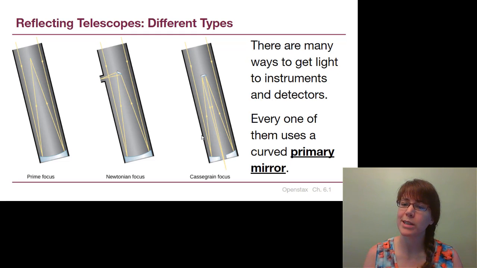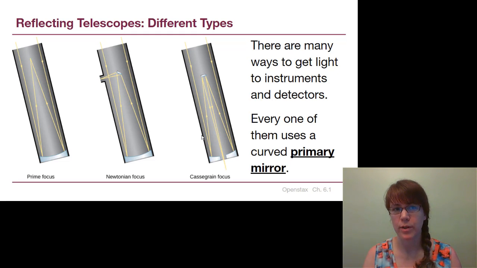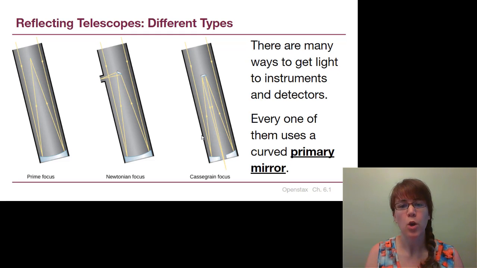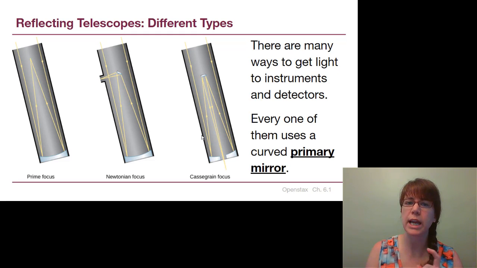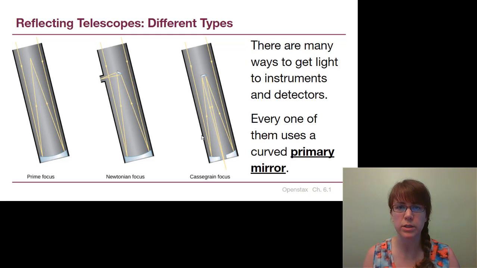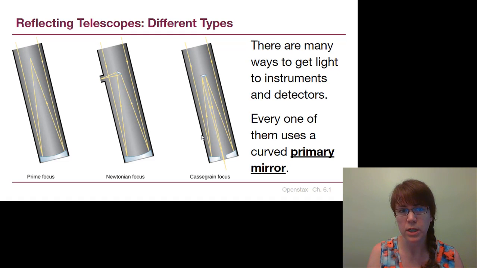Now there's a lot of different ways to get light out of a reflecting telescope. We don't have to memorize these different names. So on the bottom you see prime focus, Newtonian focus, Cassegrain focus. This is here mostly so that if you are looking at telescopes and you see those different terms, you recognize what it's trying to tell you.